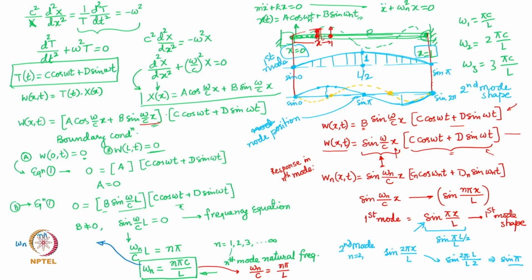When we say that it is n pi c over L, it obviously is a function of L, but we must not forget that it is a function of this parameter c, that is the wave speed, which has already been shown to be a function of the tension in the string and the linear density or the mass per unit length. Which means that if you stretch the string with a larger pulling force, then the fundamental natural frequency of that string will be higher, okay.